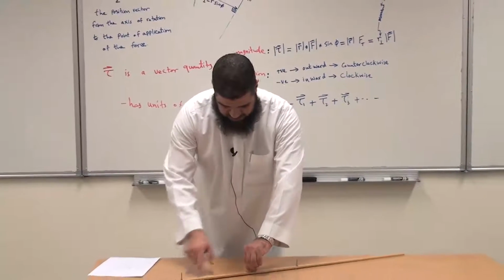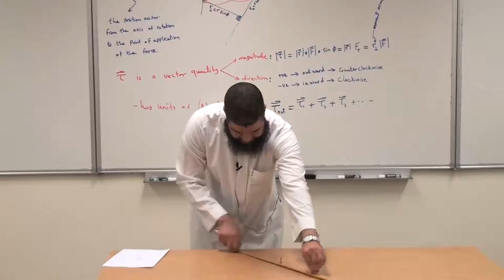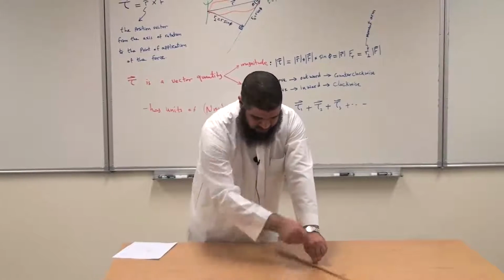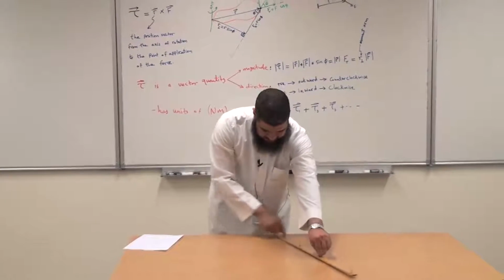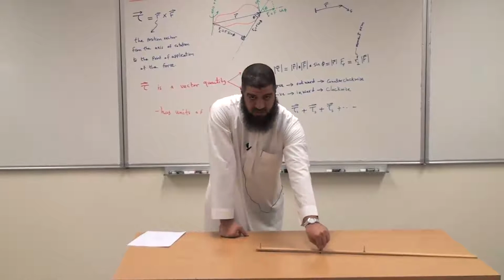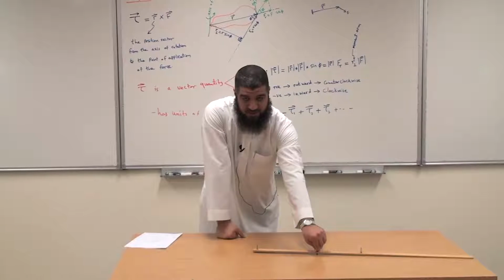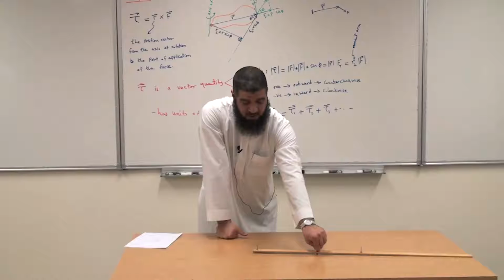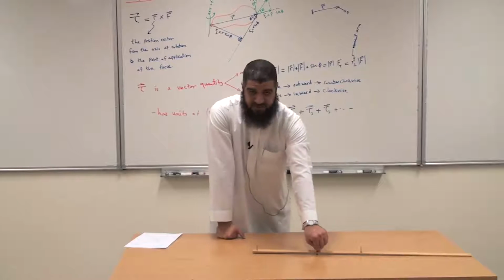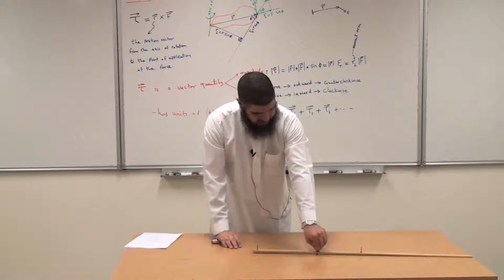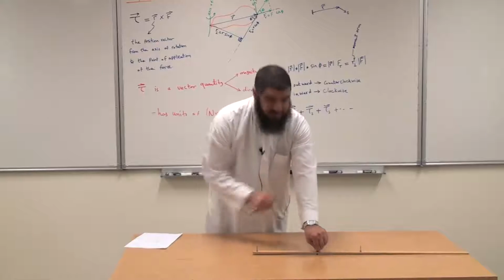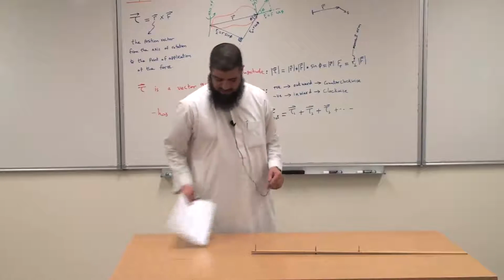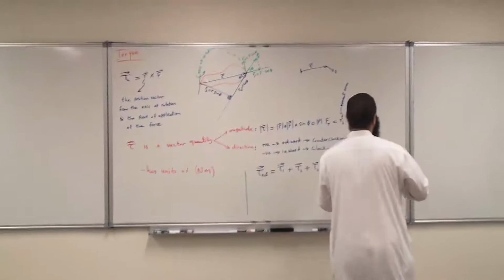My object is rotating in a horizontal plane, like this. So the gravitational force is not doing any work or torque. It doesn't affect the motion here, and it is frictionless. And I am applying several forces, so we would like to find the net torque.